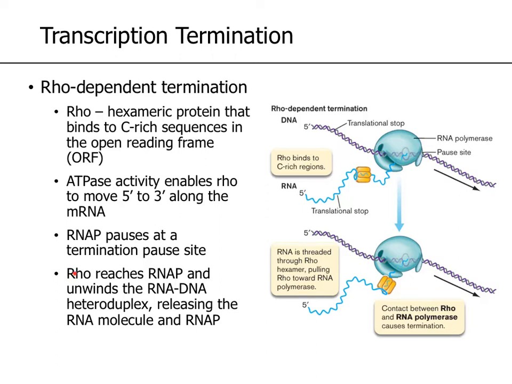Rho is going to start unwinding the RNA-DNA complex, and that action will cause the whole thing to come apart, and so the polymerase will come off at that stage because Rho is melting the RNA-DNA duplex that's being made.